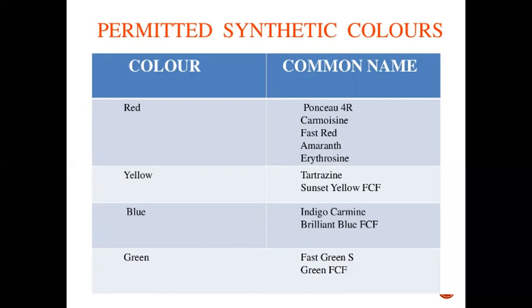Green is given by fast green and green CF. All these colors will have a particular E number also, because as we have discussed earlier, you might not see them in their original names, but they can be given as E numbers. So these are the different food additives and food colors.